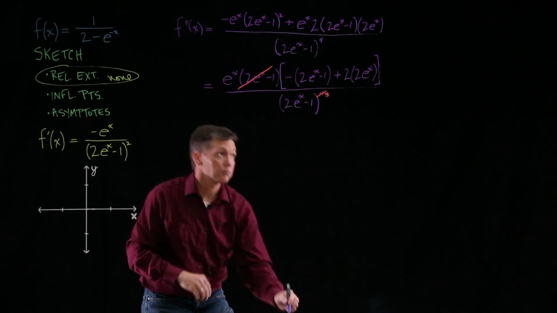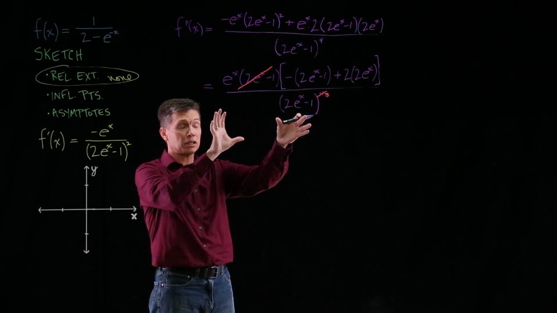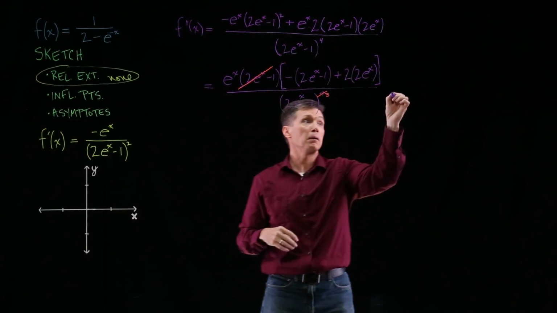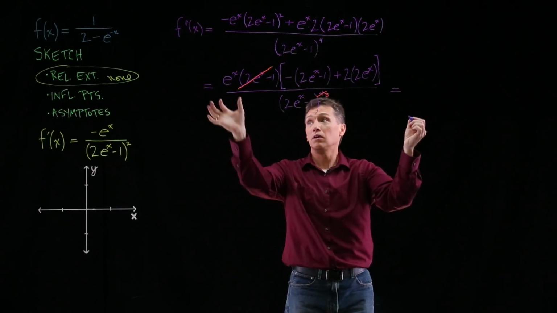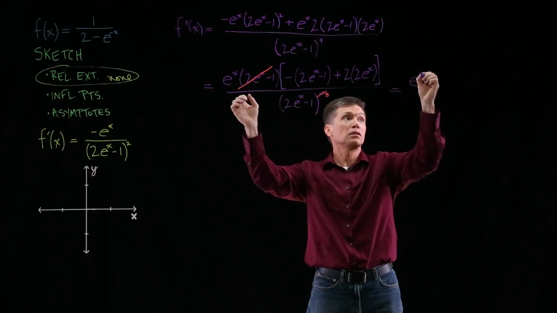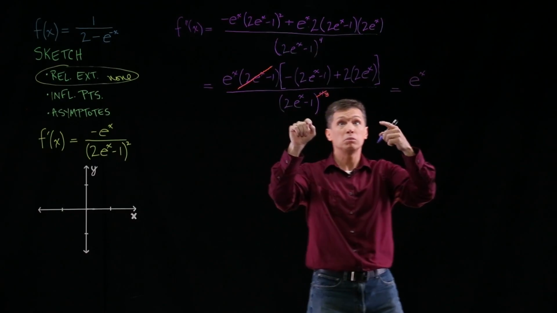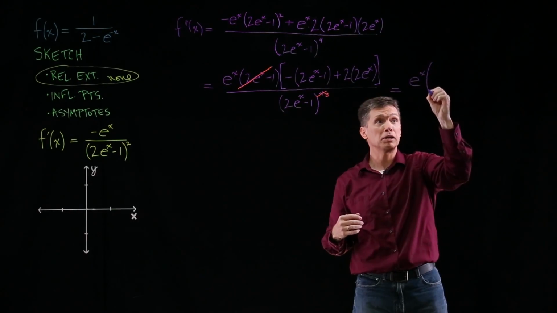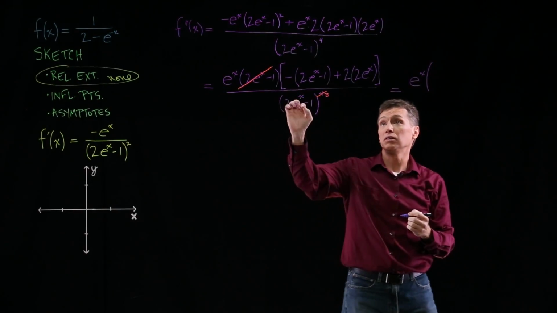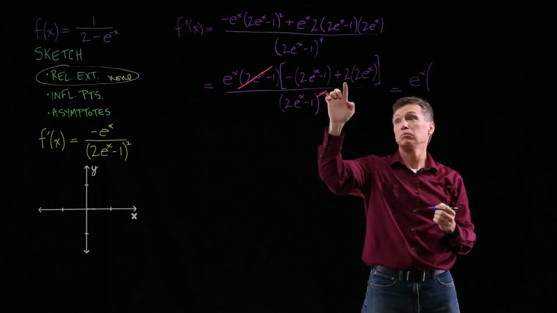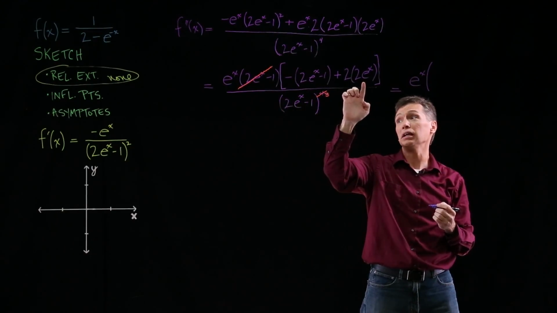All right, now let's take this expression and clean it up a little bit. It might look a little bit unwieldy, but it's not too bad. This equals all that's left outside the square braces is e to the x. And inside the square braces, I'm actually ready to clean that up a little bit, so I'll switch to just regular parentheses. Because here I have minus 2 e to the x plus 4 e to the x.